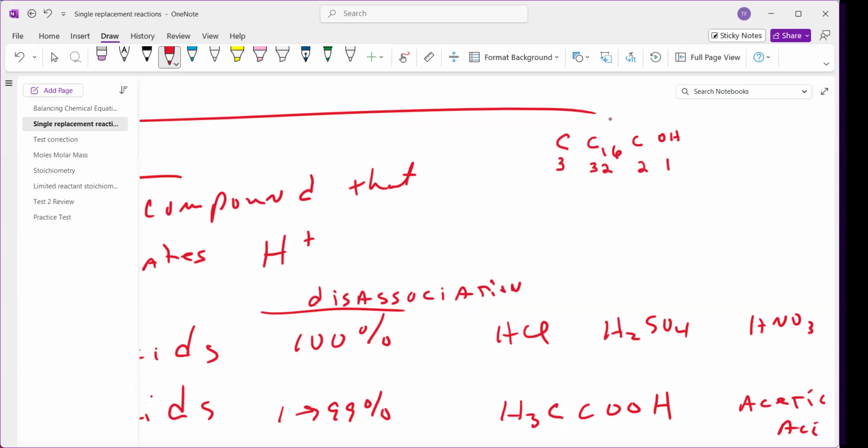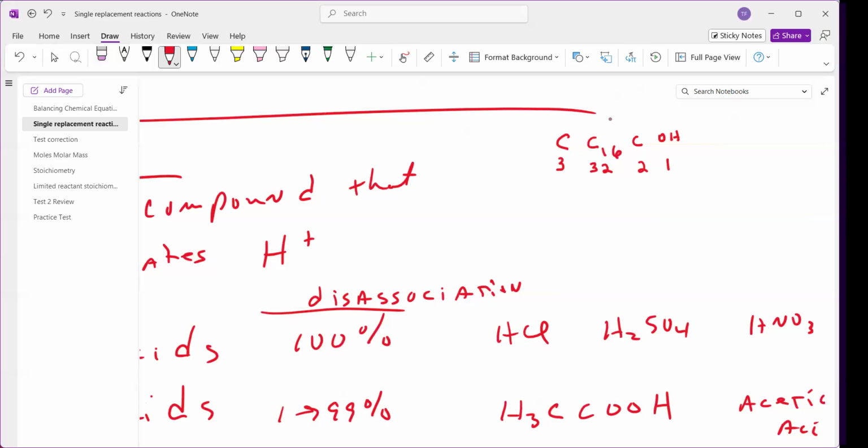Some acids have 2 coming off, like sulfuric acid. Some have 3, like phosphoric acid. Or citric acid, it's got 3 also. Oxalic acid, found in spinach, it's got 2 come off. So it varies. Bottom line is, did an H plus come off? Yes or no? If it's yes, it's an acid. No simple question.